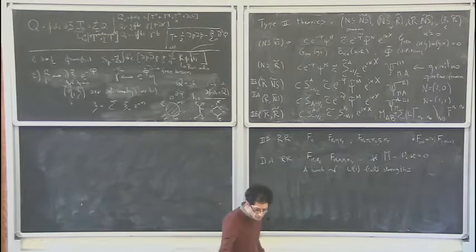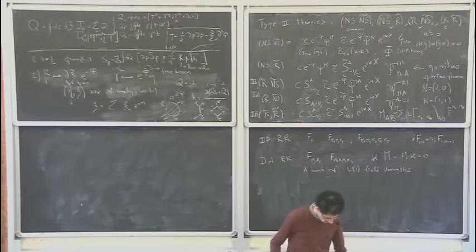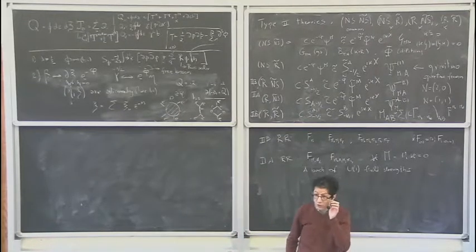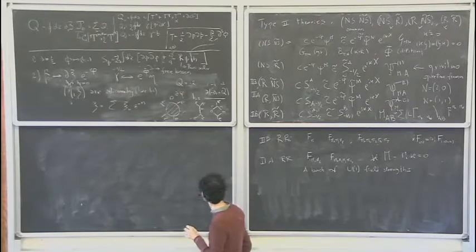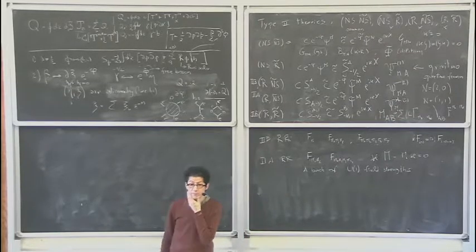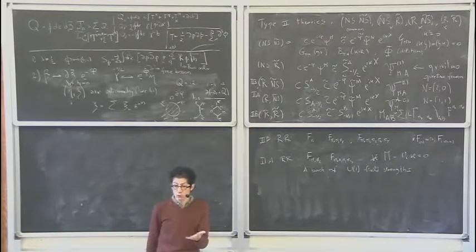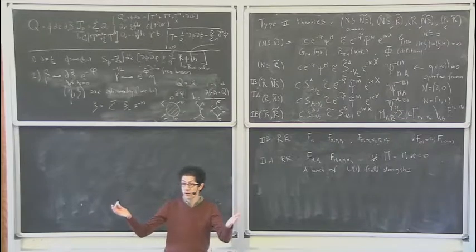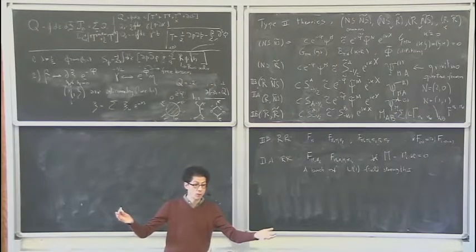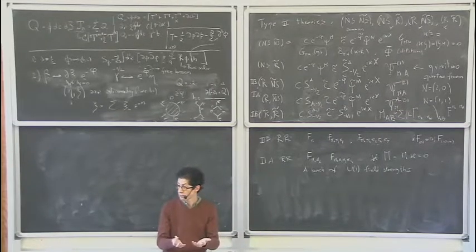Okay, so let me come to the open string sector. So we know how to obtain the open string in the case of the bosonic theory. What we said is you just need to identify the anti-holomorphic and the holomorphic components, right?